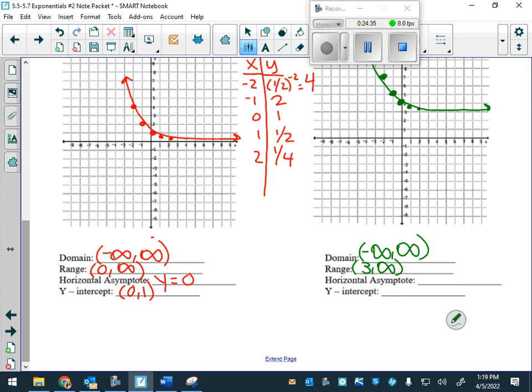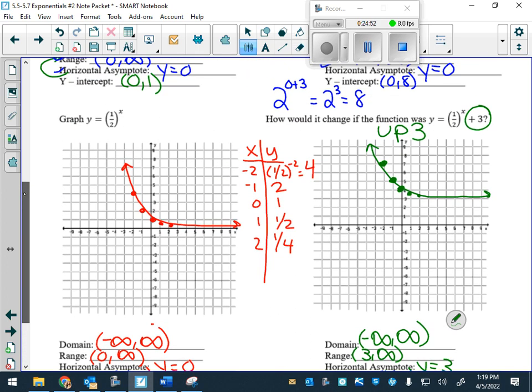Yep. Y equals 3. What is my y-intercept? Do you know? 0, 4 would be your y-intercept. And to also check, if we plugged in 0 for x, what's 1/2 to the 0? 1 plus 3 is 4, what we got. Okay, so moving up 3 changed your range, your horizontal asymptote, and your y-intercept.